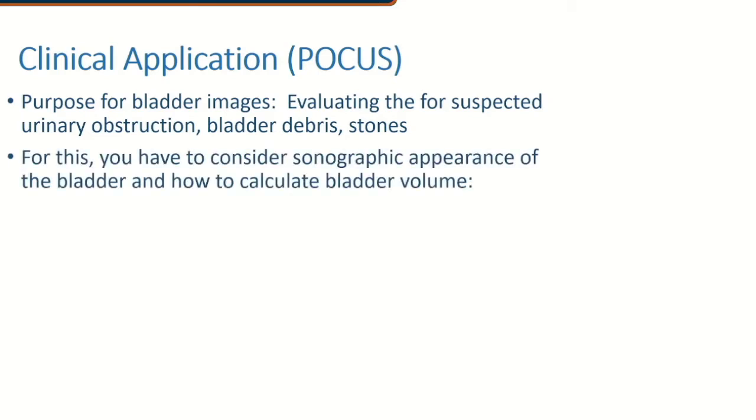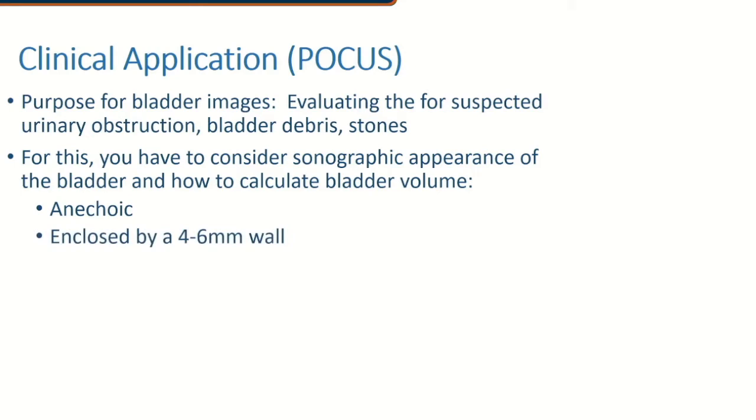So for this scan, you'll need to consider certain things about the bladder and how to calculate bladder volume. So let's consider that the bladder should appear as an anechoic structure because it's filled with fluid. And as you know, ultrasound displays fluid as black or anechoic on your screen.